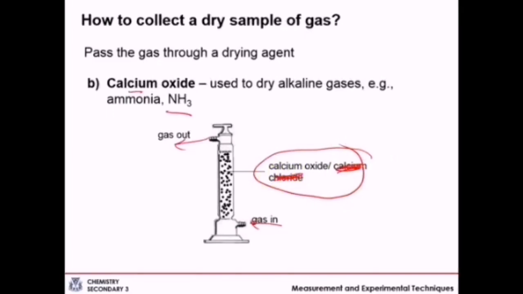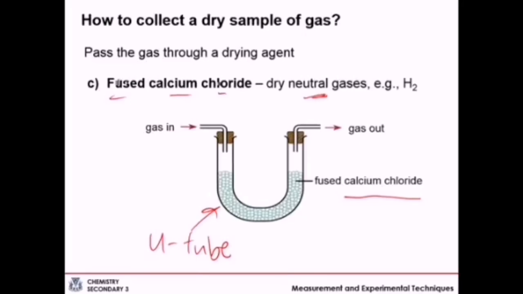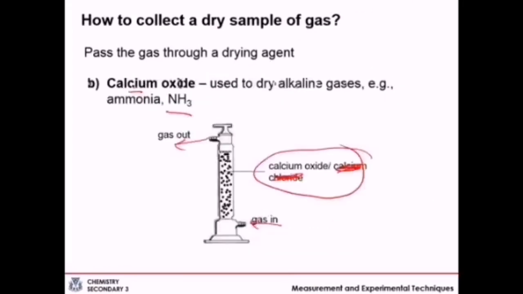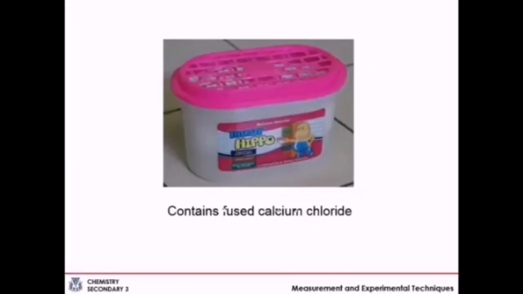Pass the gas through a drying agent: calcium oxide is used to dry alkaline gases, fused calcium chloride is used for neutral gases, and sulfuric acid is used to dry acidic gases.